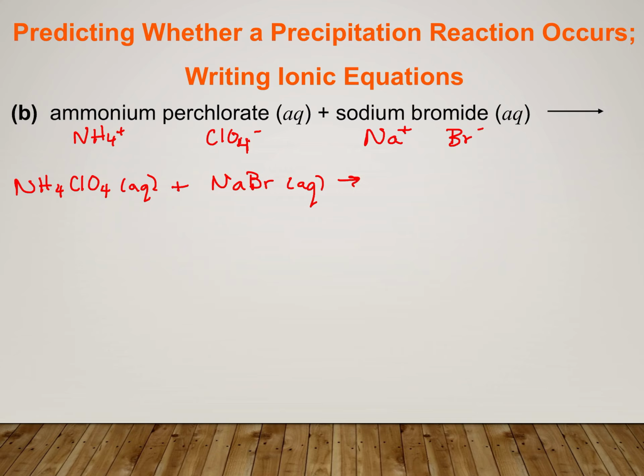And then we are doing our double replacement reaction. We're going to get ammonium bromide, which is going to be aqueous because it has ammonium. And we're going to get sodium perchlorate, which is going to be aqueous because it has sodium. So you'll notice everything is aqueous. This means that no reaction is actually happening.